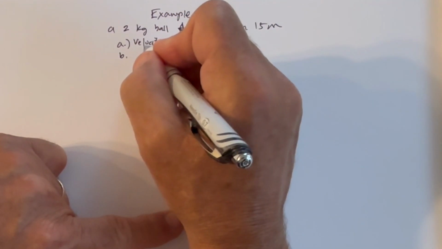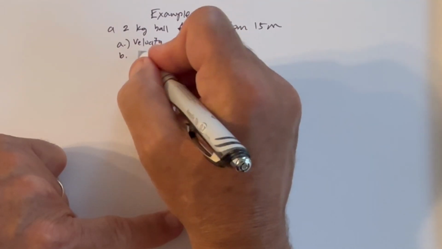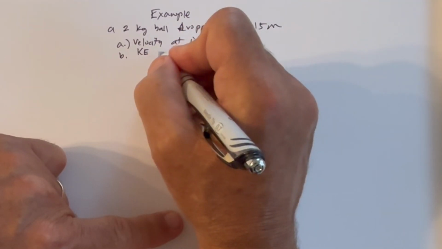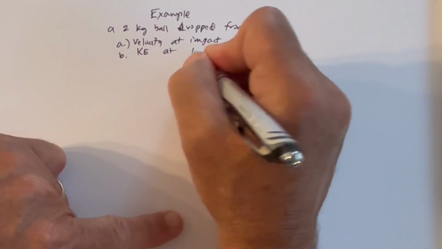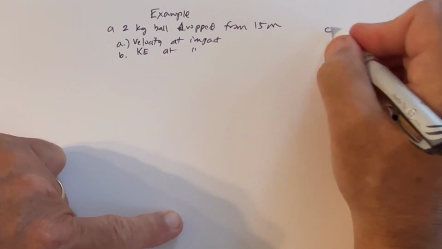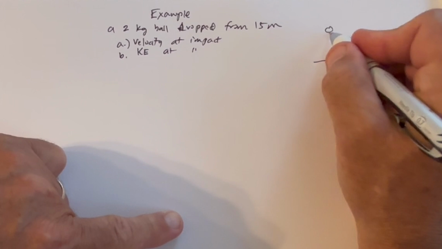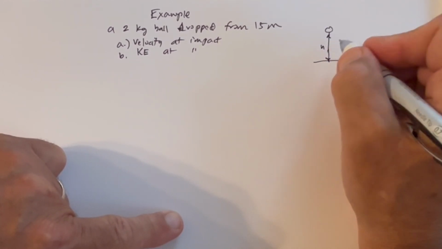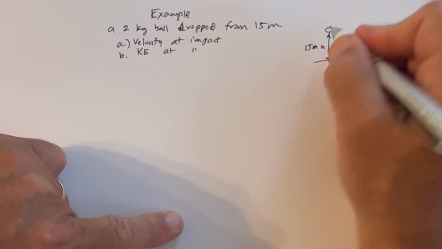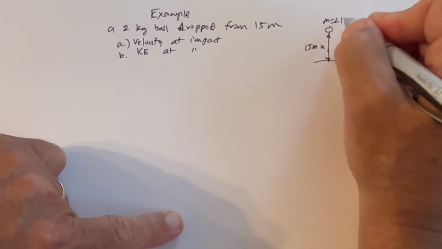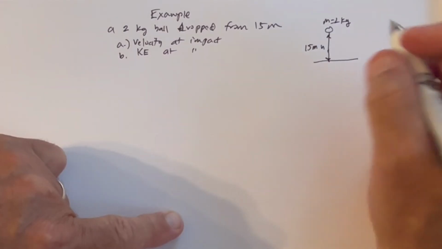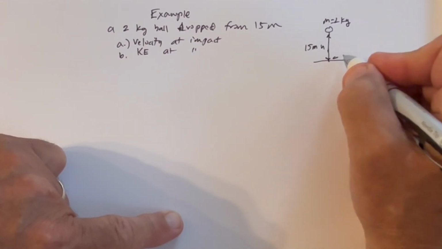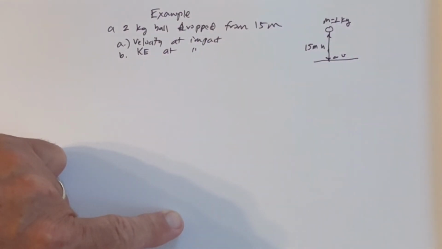And the second one we want to know is what's the kinetic energy at the impact. So here's our ball. Our height here is going to be 15 meters. The mass of our ball is 2 kilograms. And we want to know the velocity just right there, right before it impacts, because it gets real complicated once it impacts the ground.